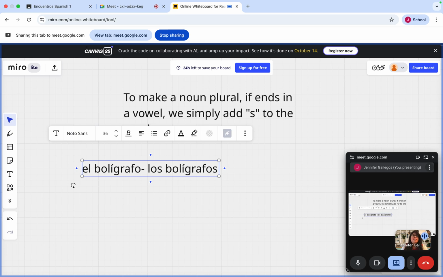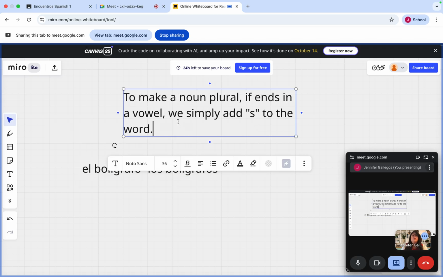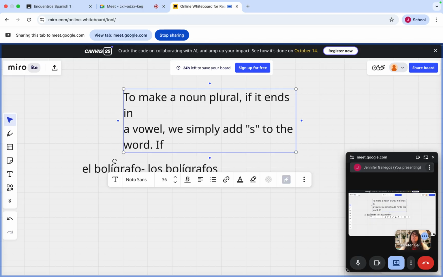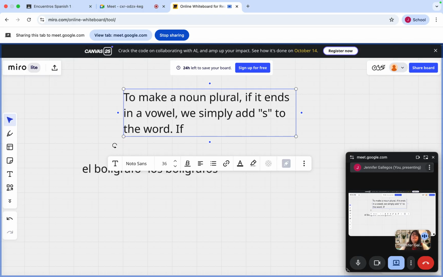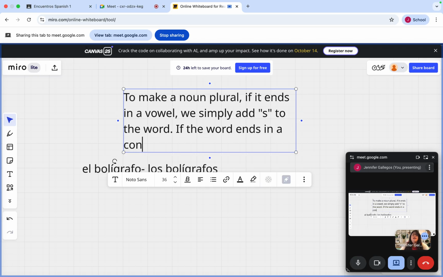Now, what if it ends in a consonant? So if the word ends in a consonant, we add es.